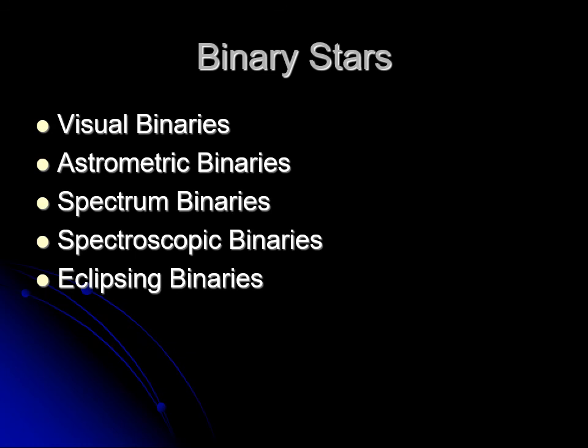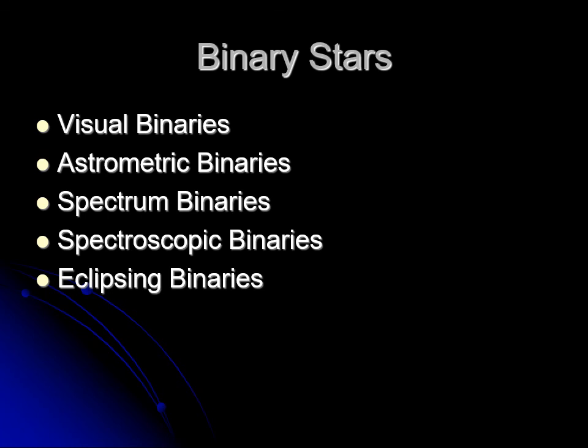So these are the different types of actual binary stars. I've taken the optical double off the list because it's a double star in the telescope, but not really a binary star. With visual binaries, you look in the telescope and see that they're binary. With astrometric binaries, you notice that one of the stars is wobbling.